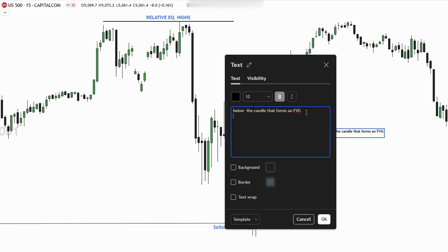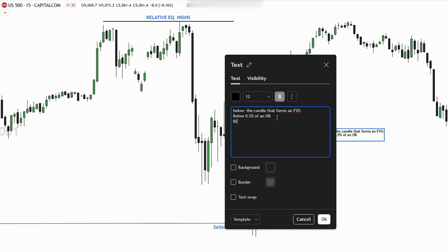The second area is 50%, 0.5, of an OB. So below the 0.5 of an order block, or another way is below a swing low or high.